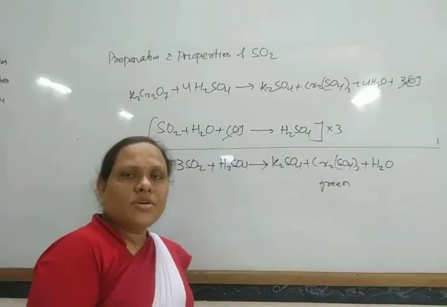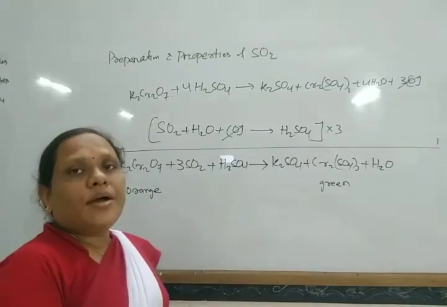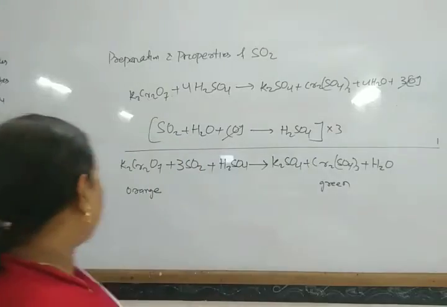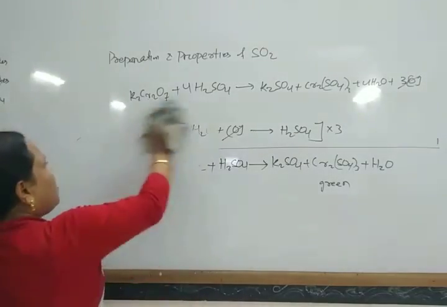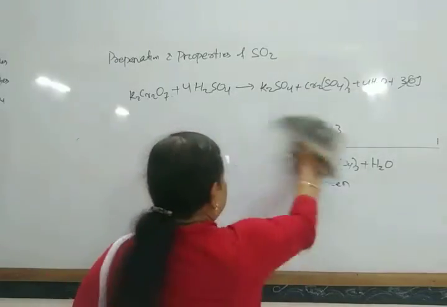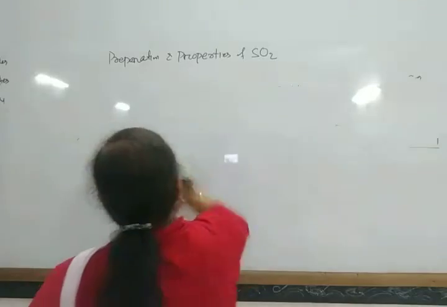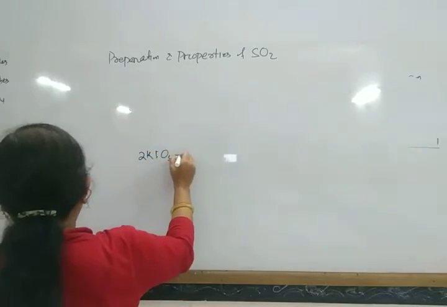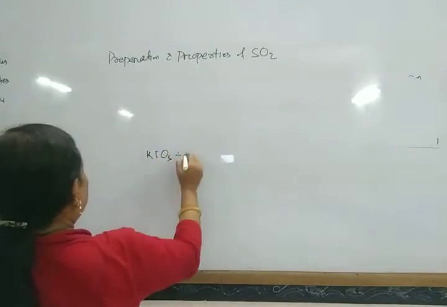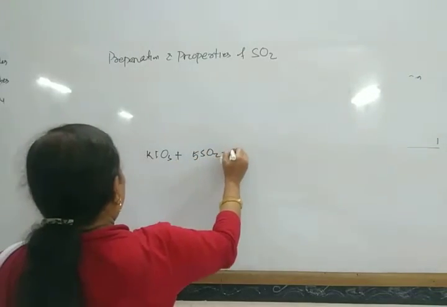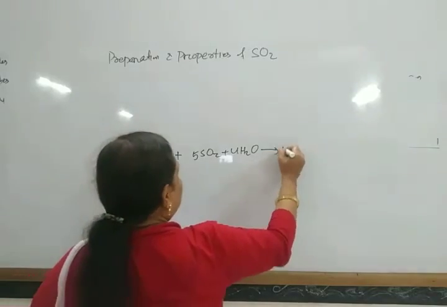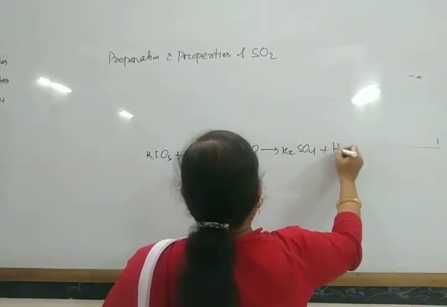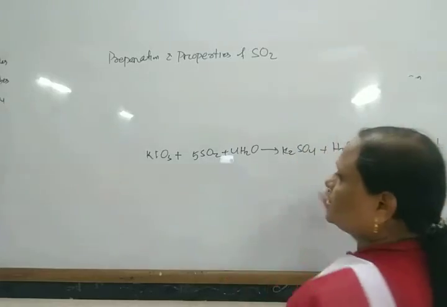It also reduces potassium iodate to iodine. 2KIO3, potassium iodate, plus SO2 give rise to potassium sulfate plus H2SO4 plus I2.